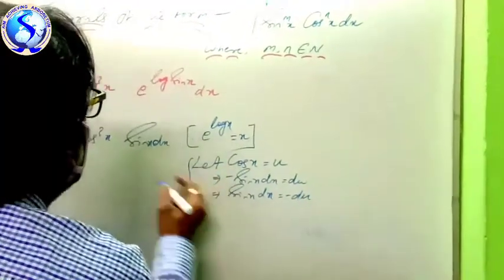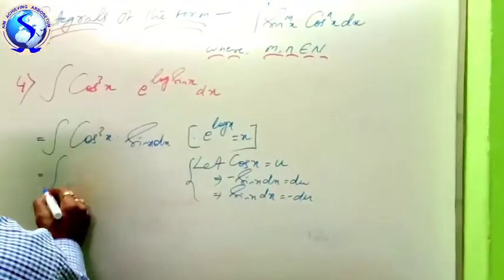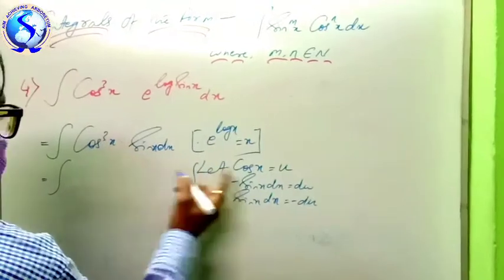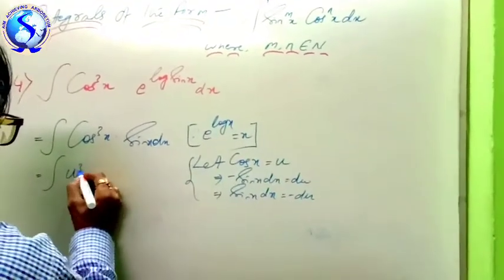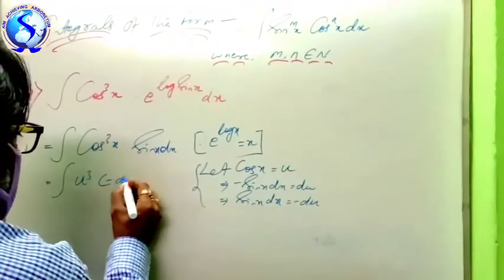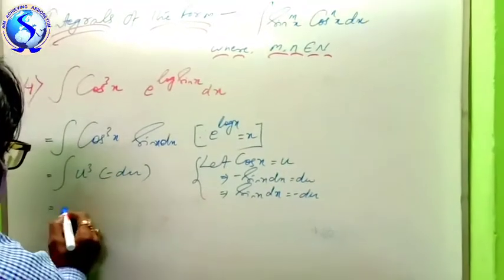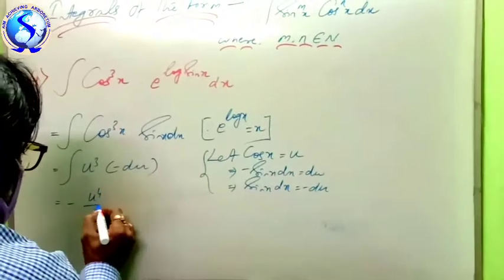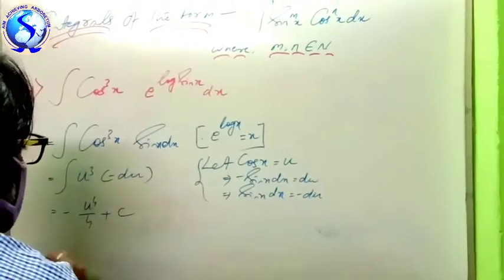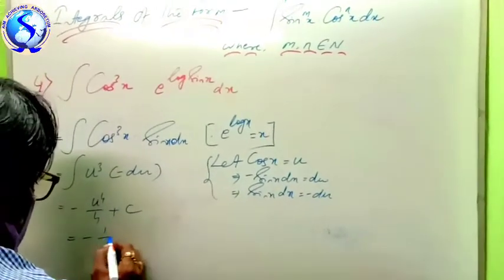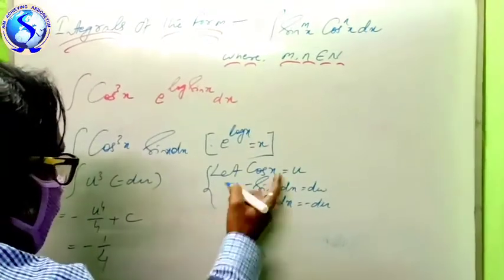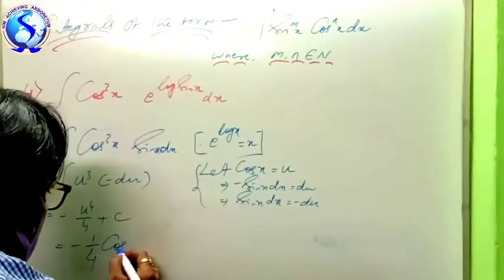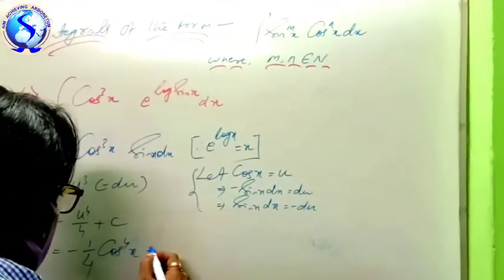Just put the value of sin x dx here, and cos x I am taking as u. This will be u cubed and minus du. Finally it will be minus, u to the power 3 integrates to u to the power 4 by 4 plus c, the integration constant. Finally you are getting minus 1 by 4. What is u? That is cos x, so this will be cos to the power 4 x plus c.